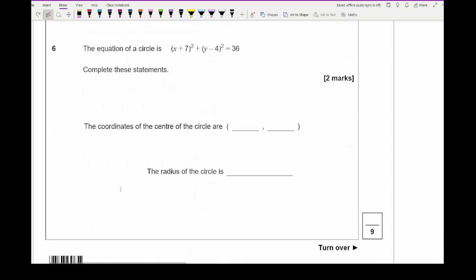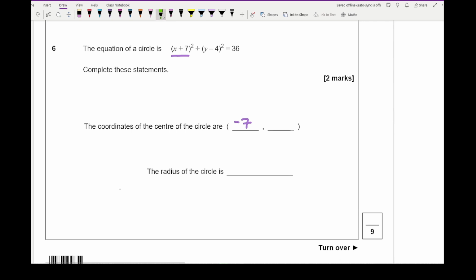Moving on to question 6, it says the equation of a circle is (x plus 7) squared plus (y minus 4) squared equals 36. Complete these statements. The coordinates of the centre of the circle are. Now to work out the x coordinate, I need to find the value of x that makes this bracket here equal to 0. So x needs to be minus 7.